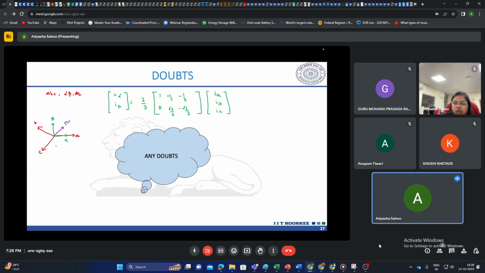If you remember your machines concept, these are the D and Q axes. Let's say this angle is theta. Again, if you want to convert this alpha beta frame to DQ frame, you will be getting sine and cosine terms.